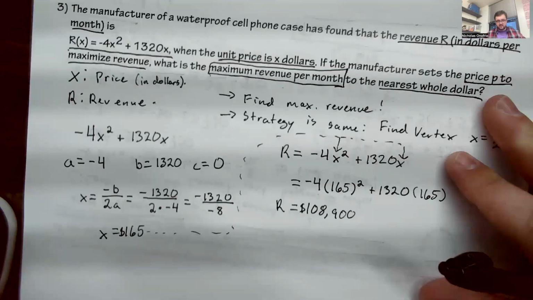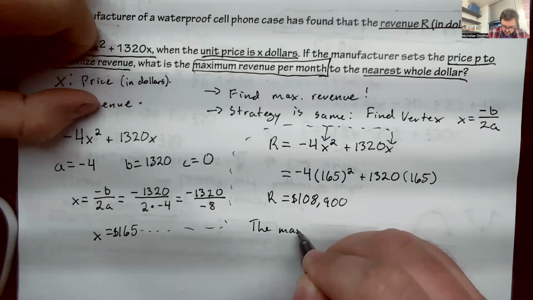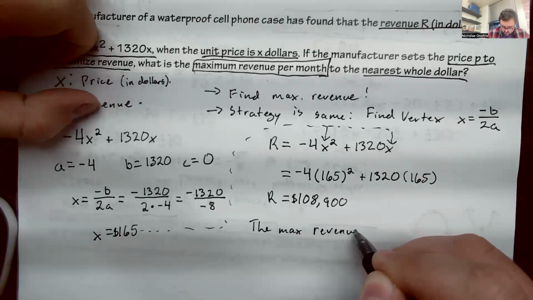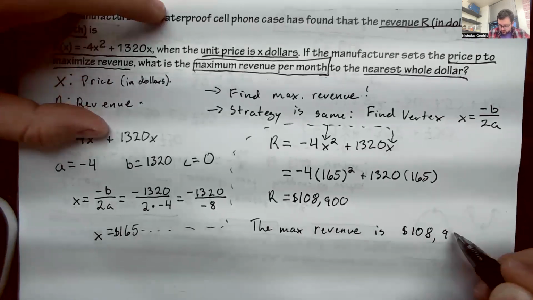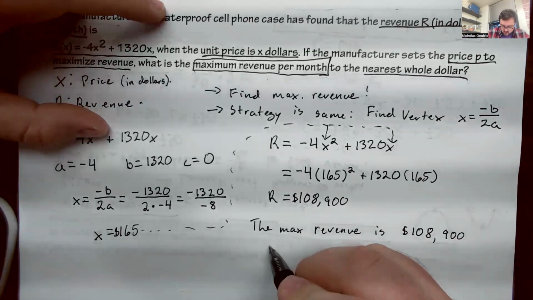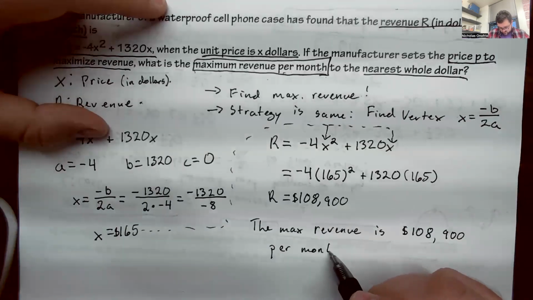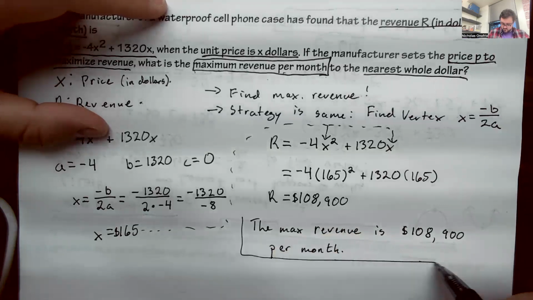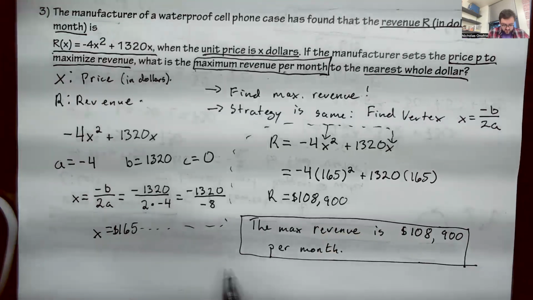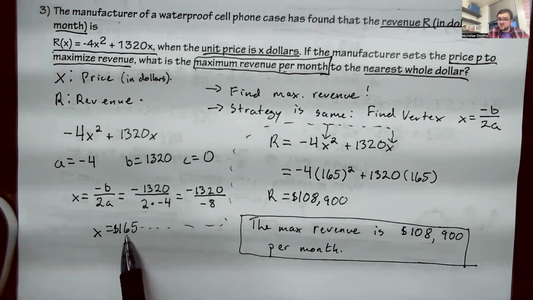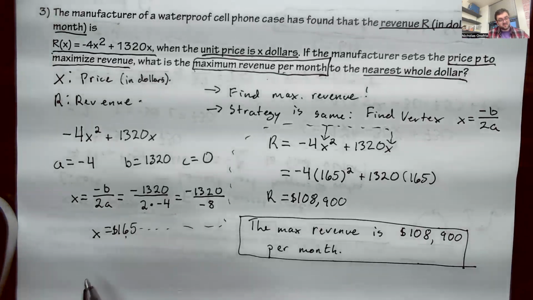So let's just go back and write a little sentence about it. The max revenue is $108,900. And then notice it says per month. And the company knows that they can hit this revenue if they sell the phone cases for $165. I don't know about you, but that seems like a bum deal. It's a lot of money for a phone case.